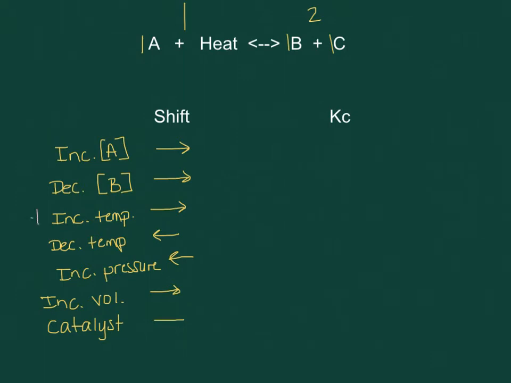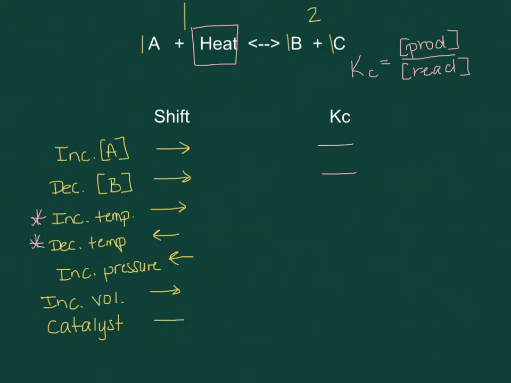So if I increase my concentration of A or decrease my concentration of B, my equilibrium constant is going to stay the same. However, if I increase my temperature, so having heat over here, remember we said it's an endothermic reaction, and Kc or Keq is equal to the concentration of my products over the concentration of my reactants. And keeping that in mind is going to come in handy in just a second.